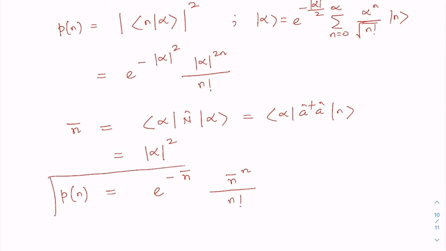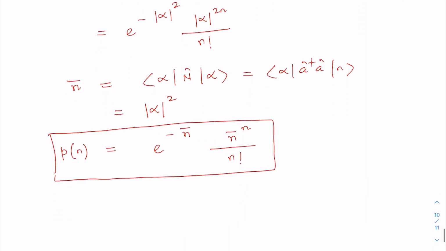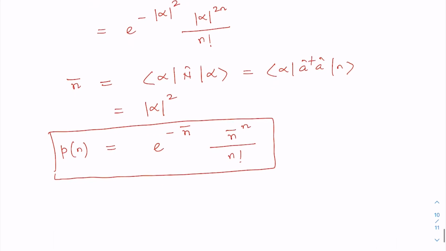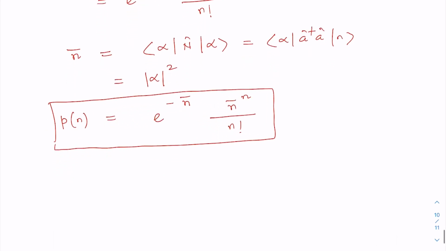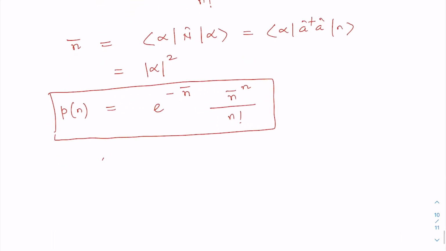So you may recognize that this is nothing but a familiar Poissonian distribution. So clearly the probability distribution of a coherent state is Poissonian, and to give an example of how the distribution looks, let me plot it. This is the kind of distribution you can expect in a Poissonian distribution.